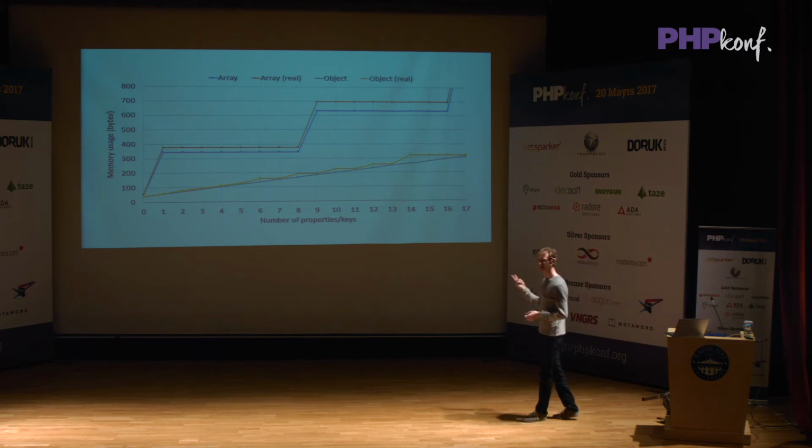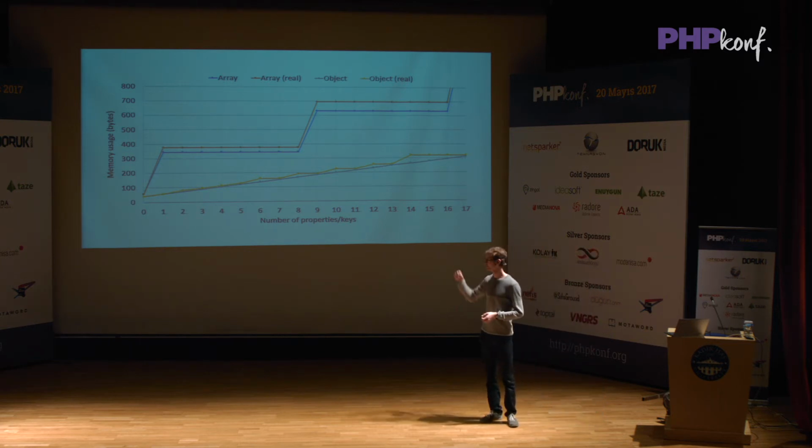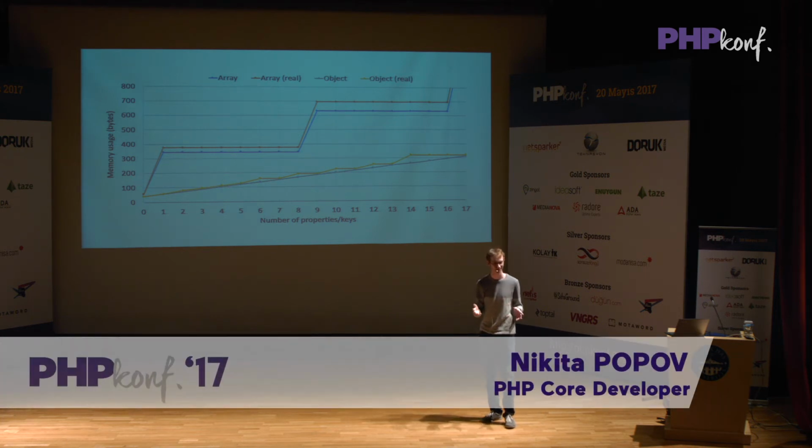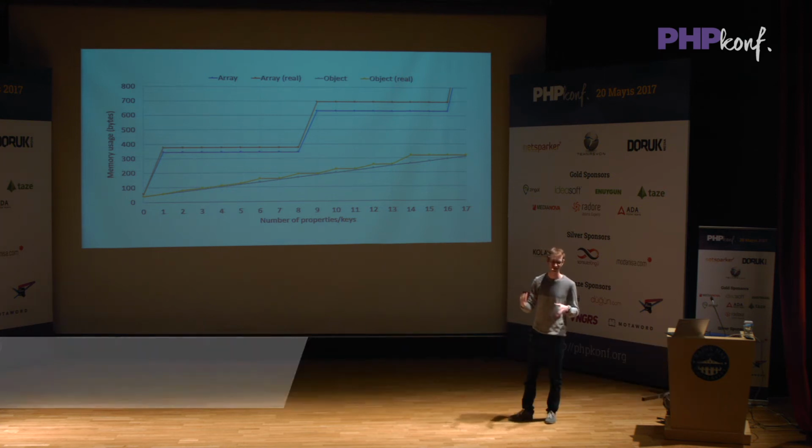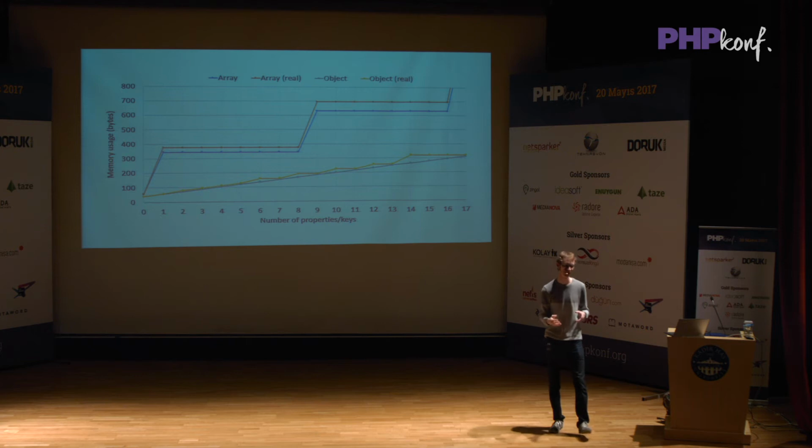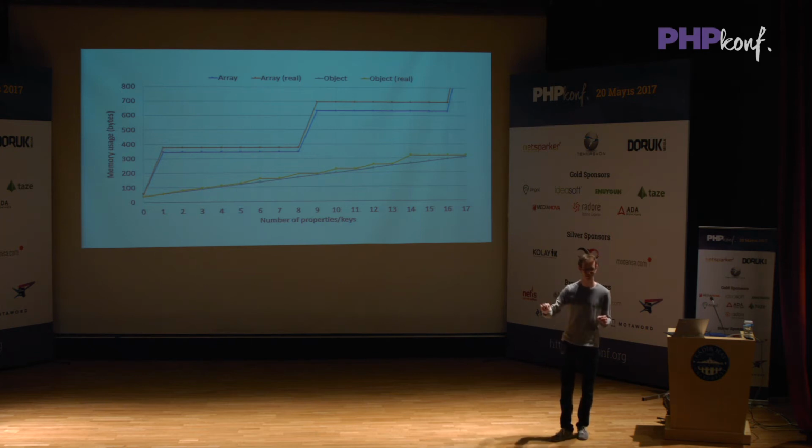And there are two lines each time. The top line is the actual memory usage, how it is in reality. And the lower line is the theoretical usage you would get if you just calculate all the sizes and add them together.